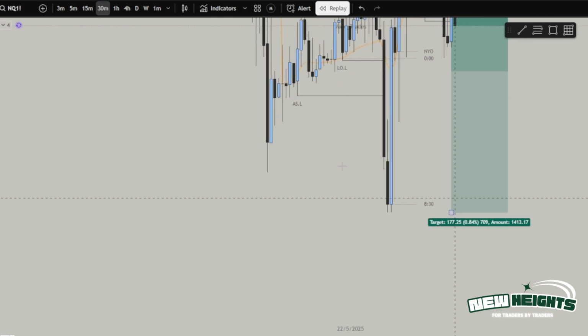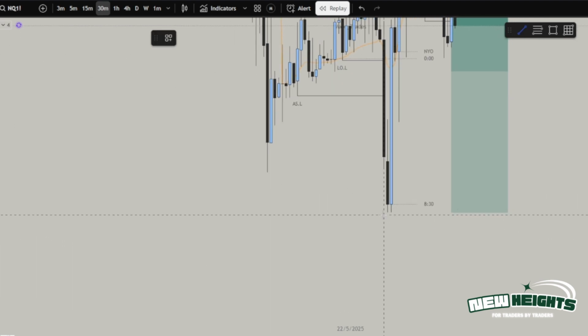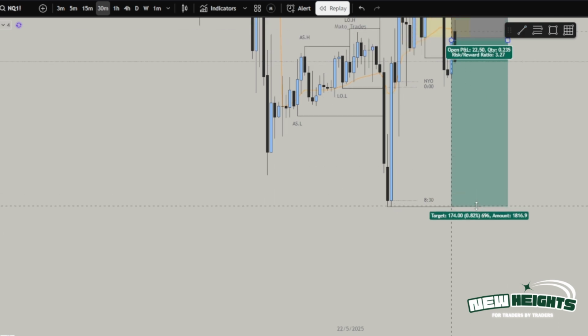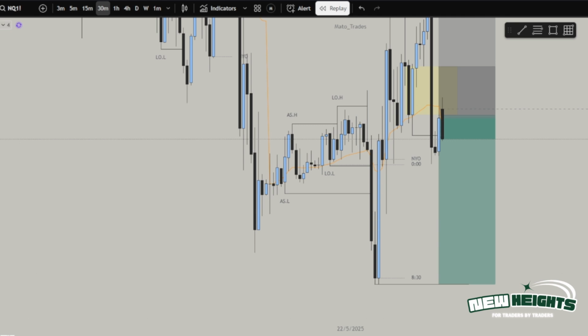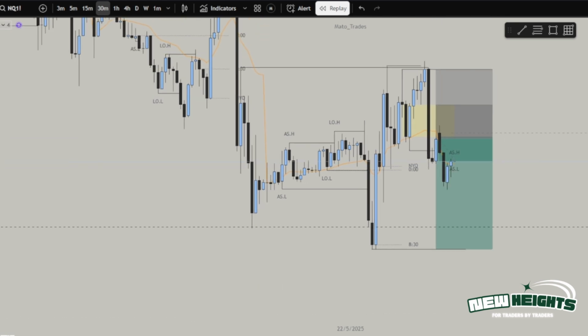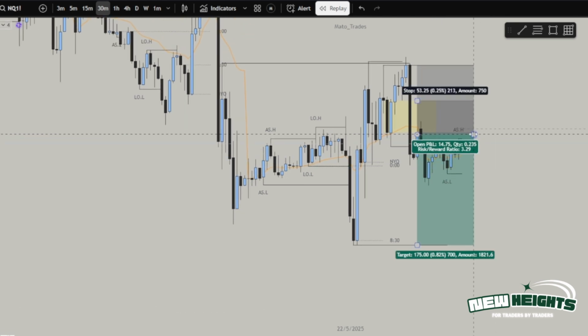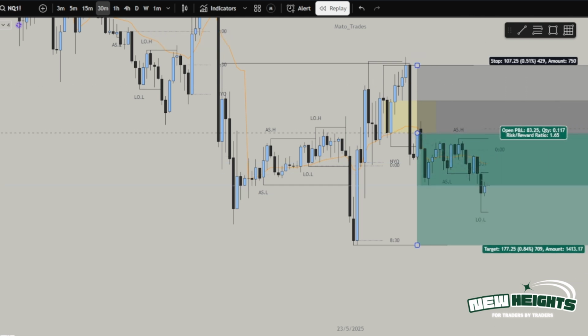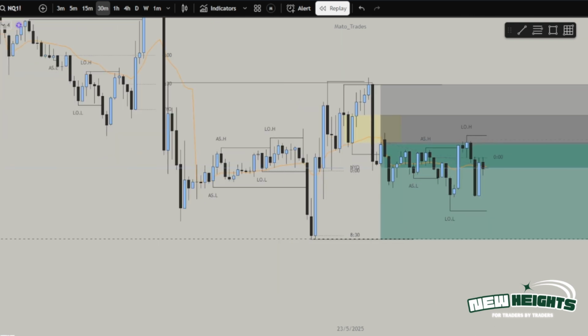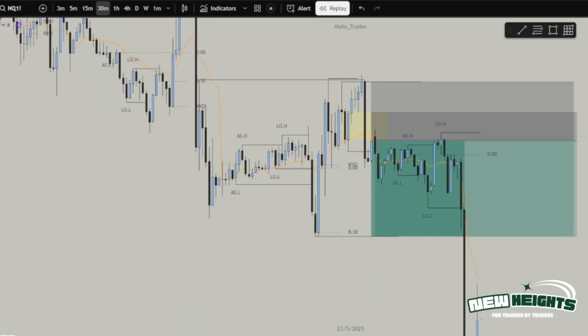Typically, I would just look for the 830 price because I could see us bounce off of 830. Yeah, it's equal lows. I'm just going to look for the equal lows down here. 175 points. You do get that displacement.